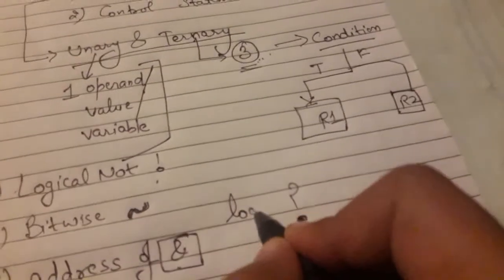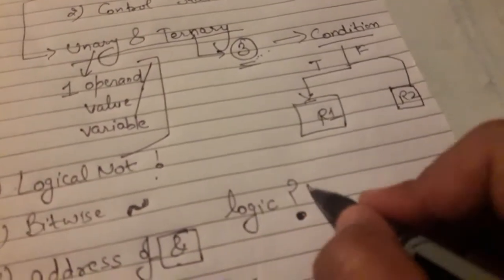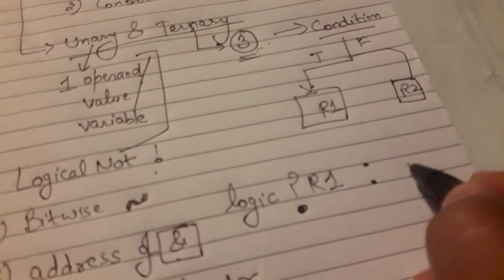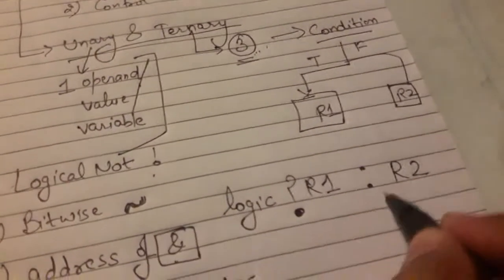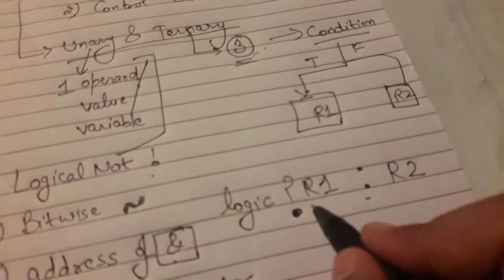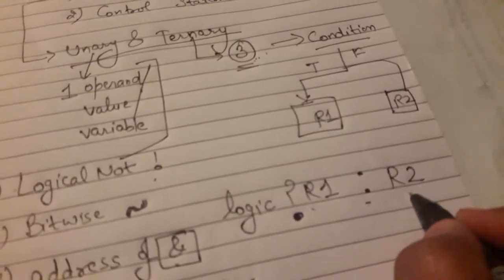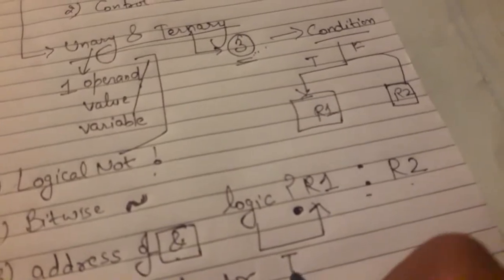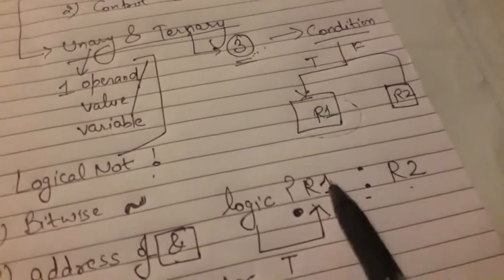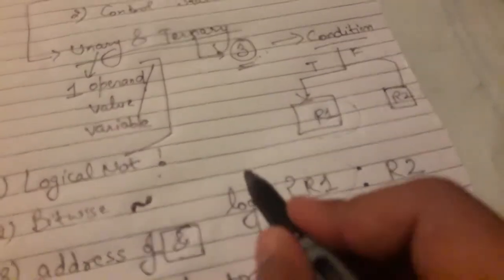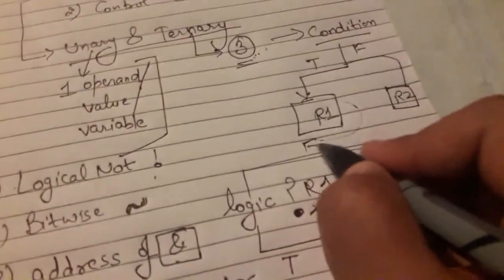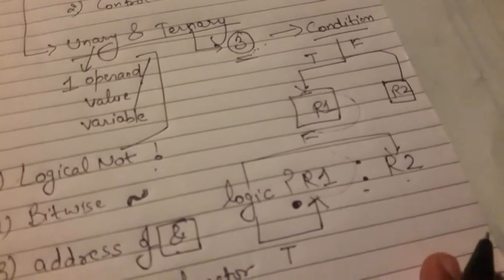Here we write our logic: result 1, then a colon separating result 1 from result 2. If your logic is true, then result 1 will be your output. If your logic is false, then result 2 will be your output, right?